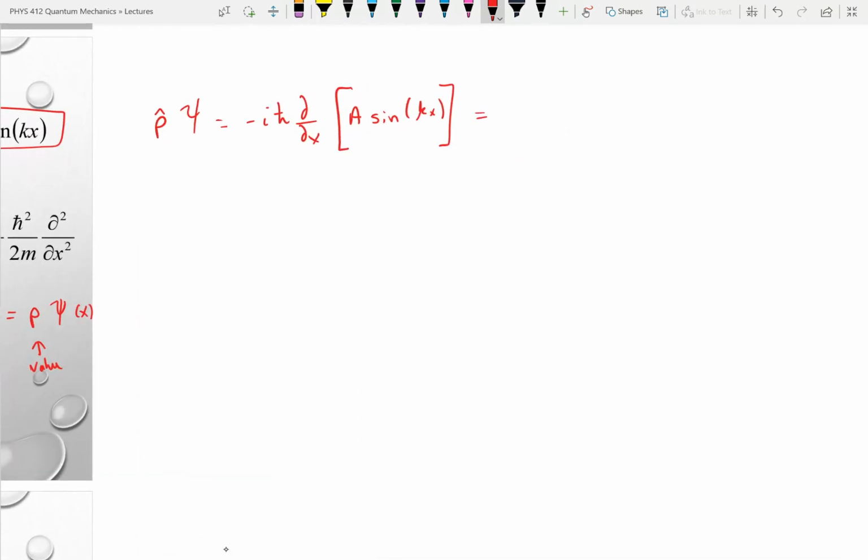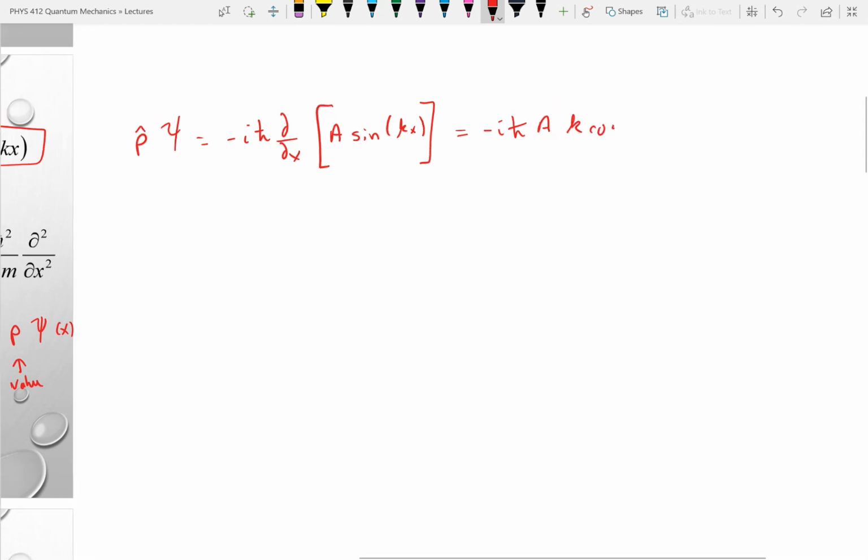So doing the derivative, the minus i h bar stays the same, and the a is a constant, so it's unaffected by the derivative. Derivative of sine kx is k cosine of kx, which is not multiplied by psi here. That doesn't exist.